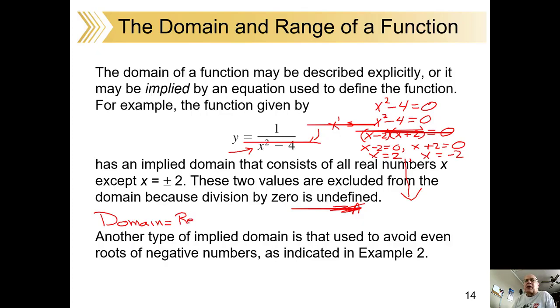So typically, you'll start by describing your domain as the real numbers, but we found out that 2 and -2 can't be used because they'll give us 1 over 0. So for the domain, we'll say the real numbers except x equals 2 or -2.